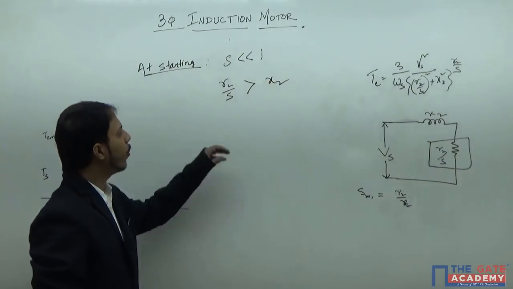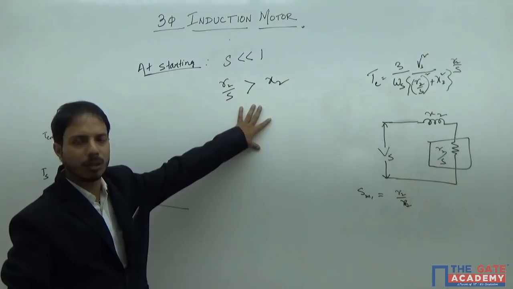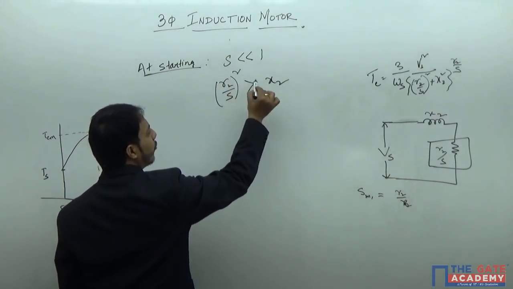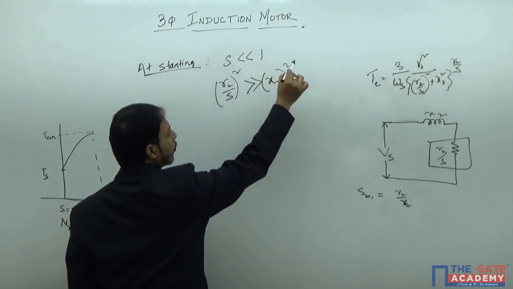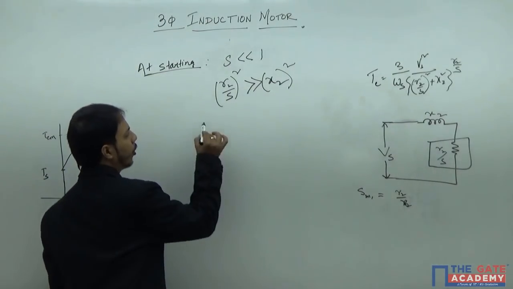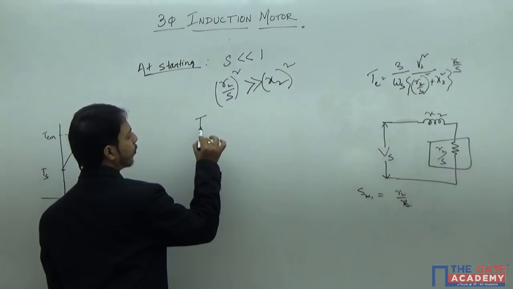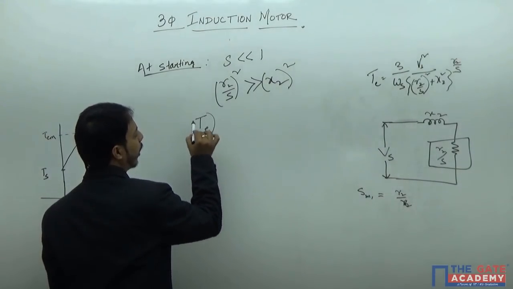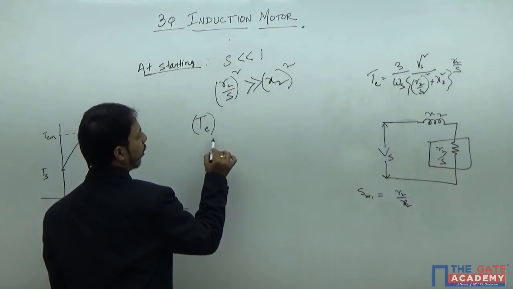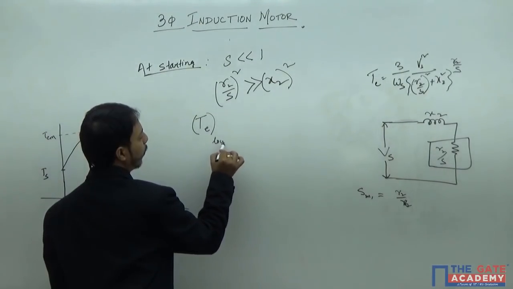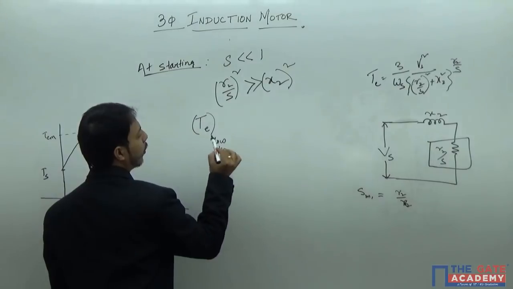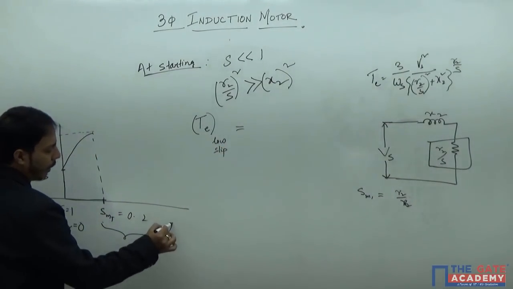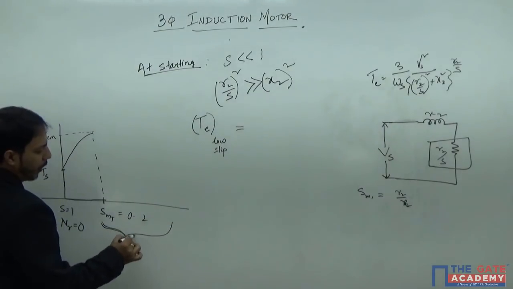The moment this happens, R2 by S square will be very much greater than X2 square. So now TE at low slip condition, this area is the low slip area.